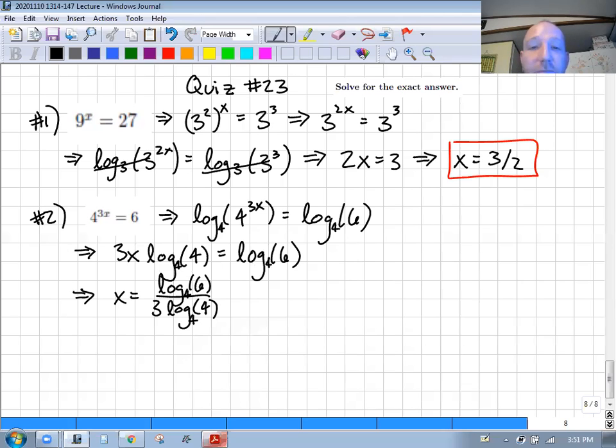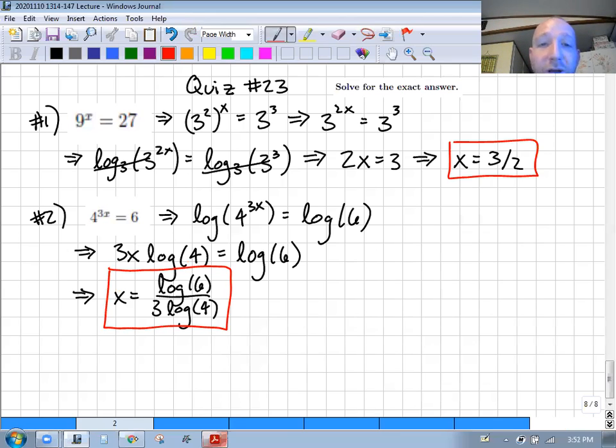It still works out. But just in case the person who gets our answer here might want a decimal, we'll leave it in terms of common log so that they can plug it into their calculator if they want. But again, they want the exact answer. That's the exact answer. If we plug it into a calculator, it's going to give us a decimal.